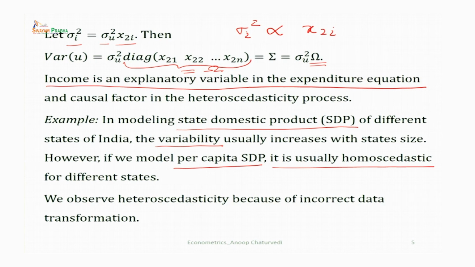So, per capita SDP does not have the problem of heteroscedasticity. So, in this particular problem we are observing heteroscedasticity because of incorrect data transformation. So, instead of modeling state domestic product, one should go for per capita SDP.